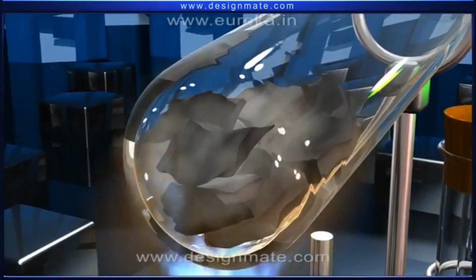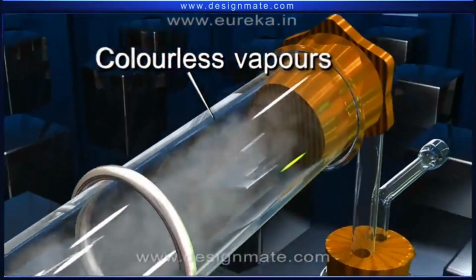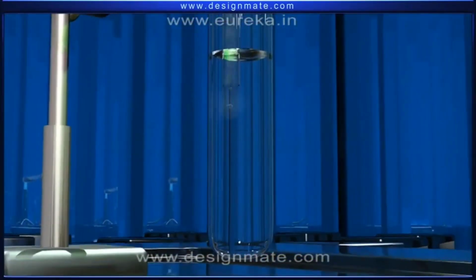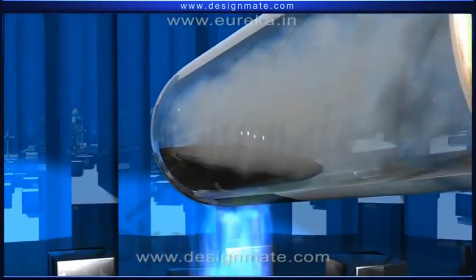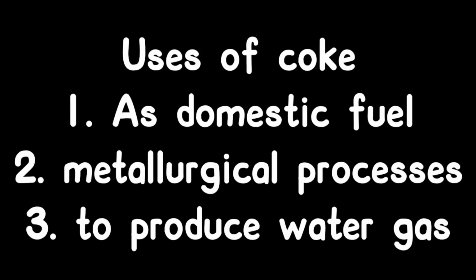Then what will happen? The decomposition removes all the moisture and volatile matter from the coal, and only 98% of the carbon is left, which is the coke we get. We can use coke as a domestic fuel, in metallurgical processes, and for producing water gas as well.